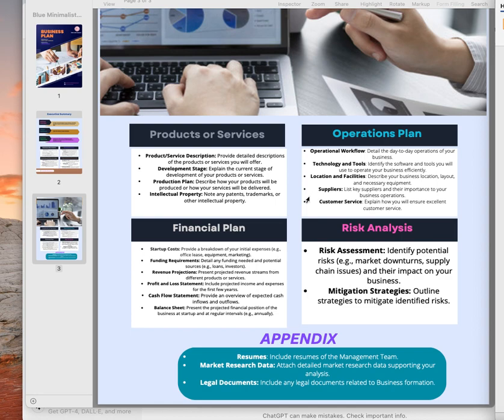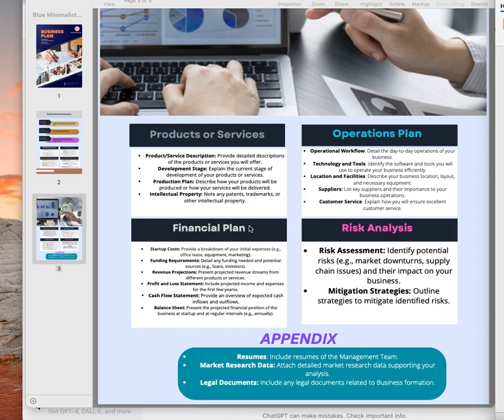Then profit and loss statement, include projected income and expenses for the first few years. And then cash flow statement, you can provide an overview of expected cash inflows and outflows. And lastly is balance sheet. So you can present the projected financial position of the business at startup and at regular intervals. Example would be annually.